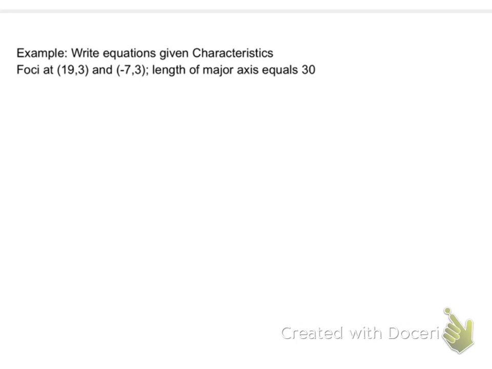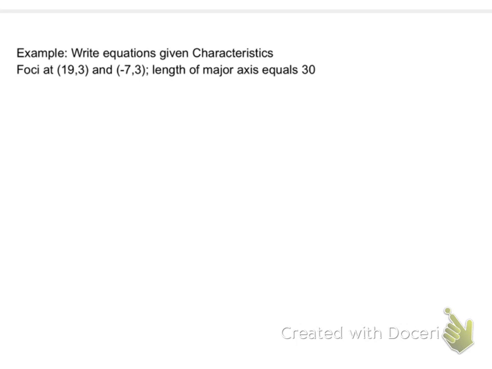You have to know that there's a huge connection between where your focus or your foci are and your vertices. They follow each other. Wherever the vertices are, you'll find the foci in the same place, vice versa. Your co-vertices will be the other axes from your vertices. If you're given a length, that means you know a C value, an A value, or a B value.